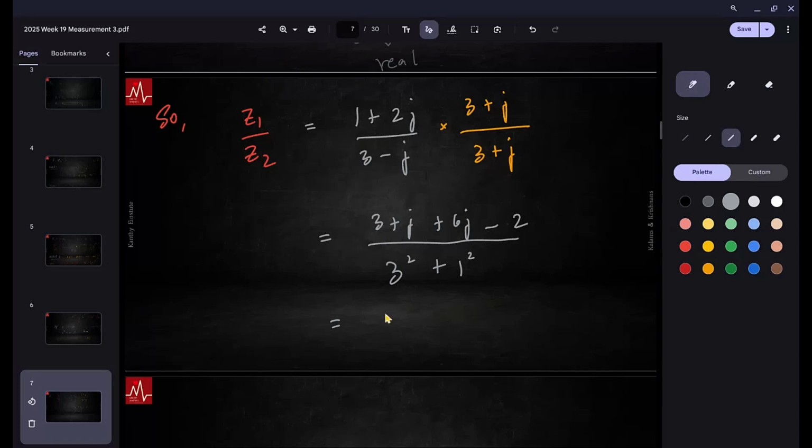This is 1 plus 7j by 10. The final answer would be 0.1 plus 0.7j. That is fine, 1 plus 7j by 10 is fine. Real part is 0.1, imaginary part is 0.7.